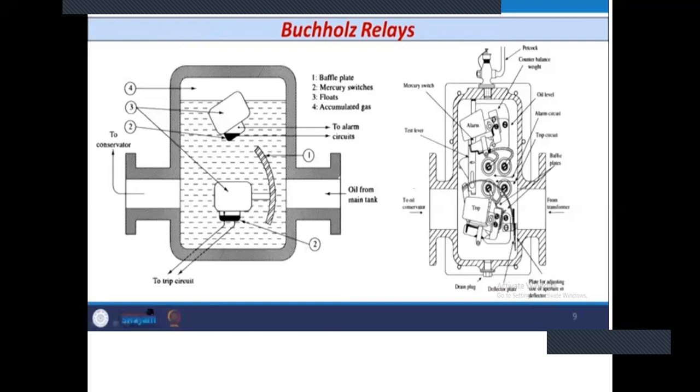If the fault is severe, then the lower float comes into the picture, and the oil drops suddenly. The balance of the lower float gets disturbed, and below this lower float we have the mercury switch. This mercury switch will be actuated, which finally initiates the trip circuit.